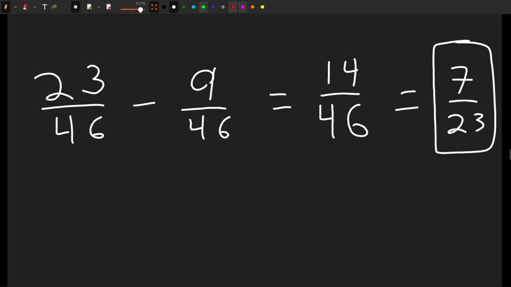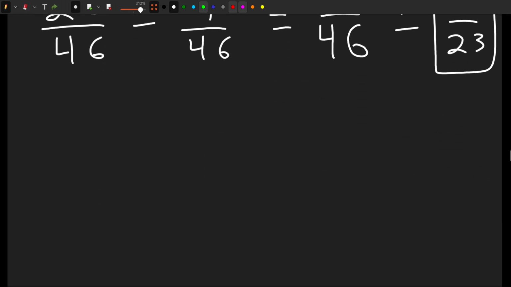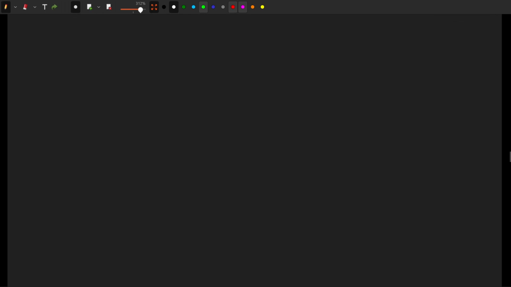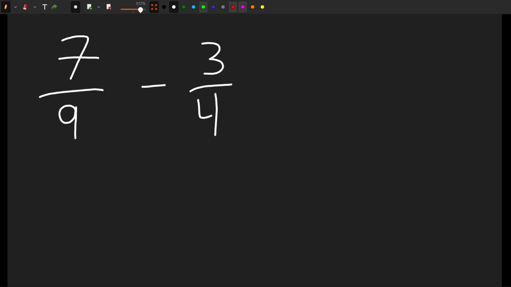Okay. Here's the first part where they get a little bit more challenging. We're going to have 7 over 9 minus 3/4. And so we need to get a common denominator, the lowest common multiple between 9 and 4.